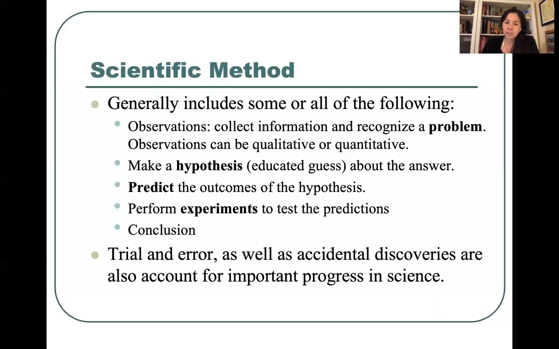At this point, you have essentially made your educated guess, and the next part would be to predict the outcome of your hypothesis. And so at this point, you can design experiments to test those predictions, and then you see what happens.